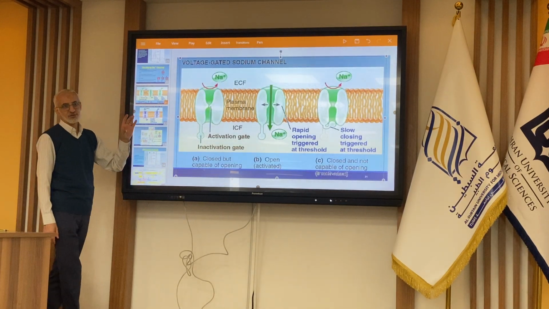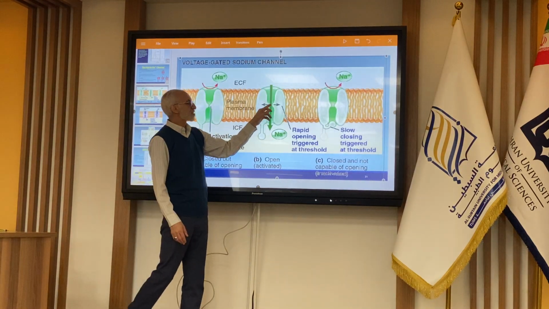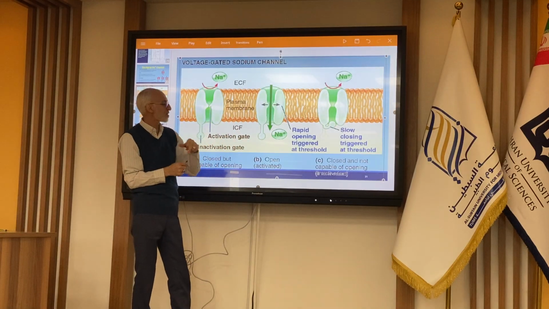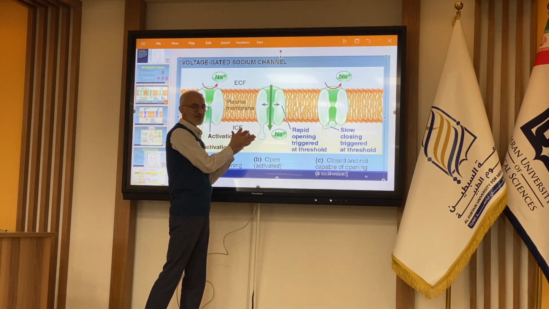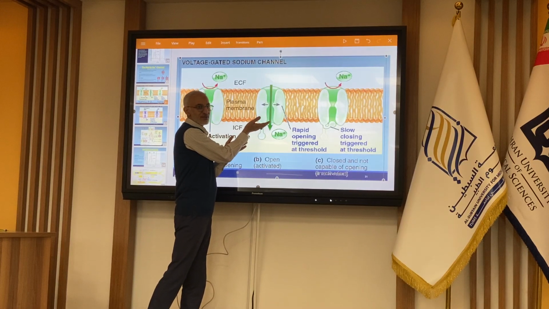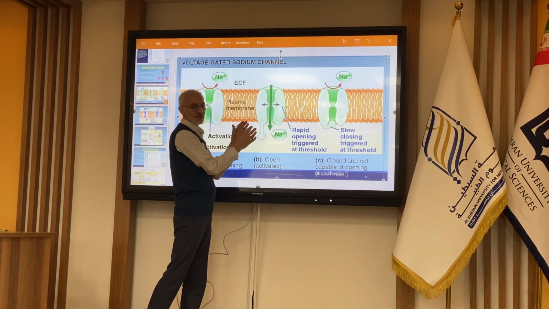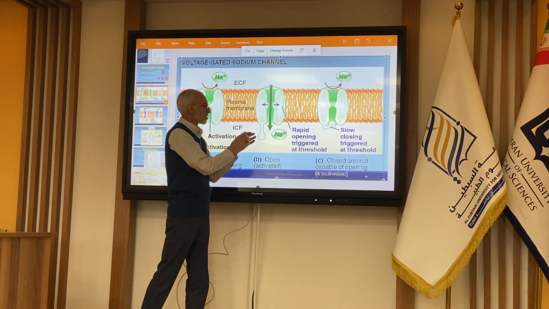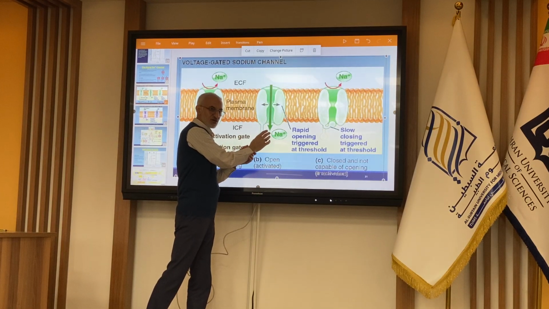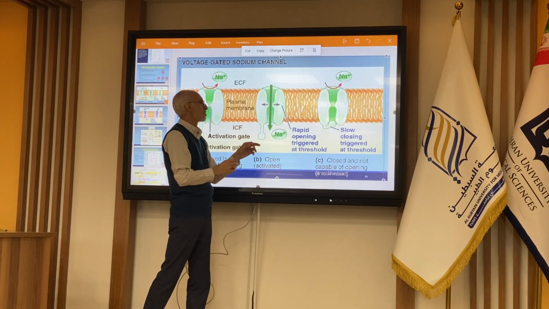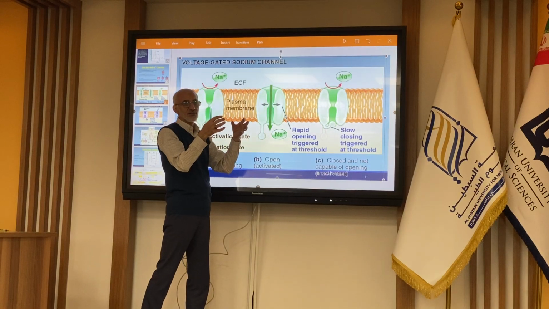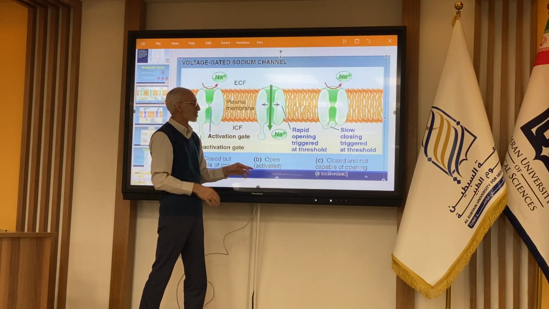Reaching the threshold, the activation gate opens, and at the same time the inactivation gate slowly goes to close the channel. Between these two phenomena, opening of the activation gate and closing of the inactivation gate, during this time, the channel is open. Abruptly open, abruptly closed.